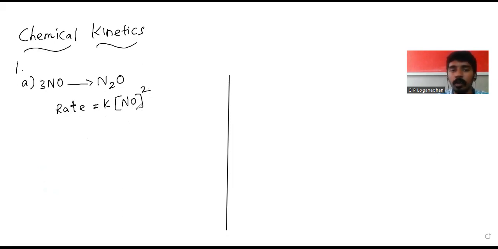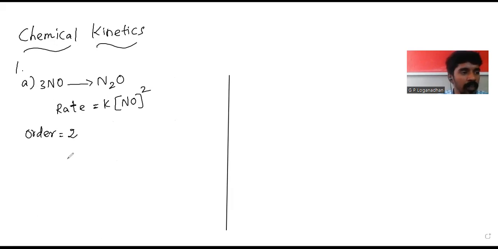As we are taking only one here, NO is there with power 2. So the order is equal to 2. Only from the concentration of NO you will be able to find the rate of the reaction. That is why NO is there with power 2. If there is one more substance here with power 1, then you would take 2 plus 1. This is the order of the reaction.